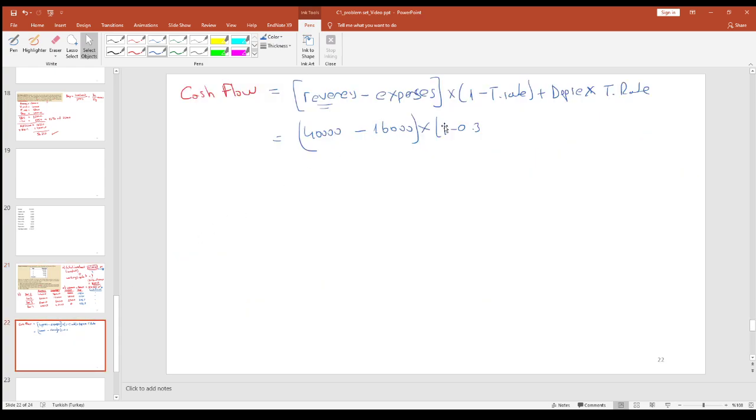So this should be 40%. Plus depreciation times 0.40. So the result of this is 24,000 times 0.60, plus, again I made a mistake here.